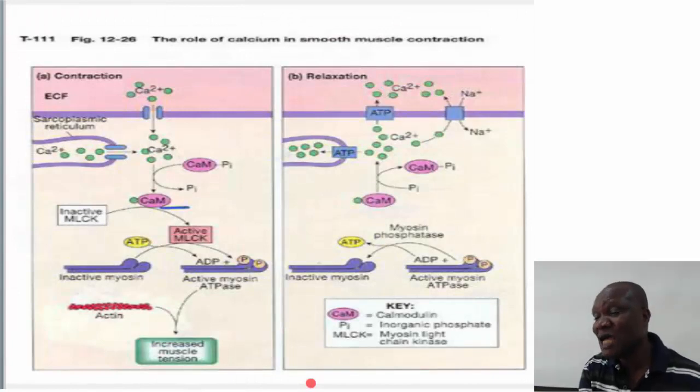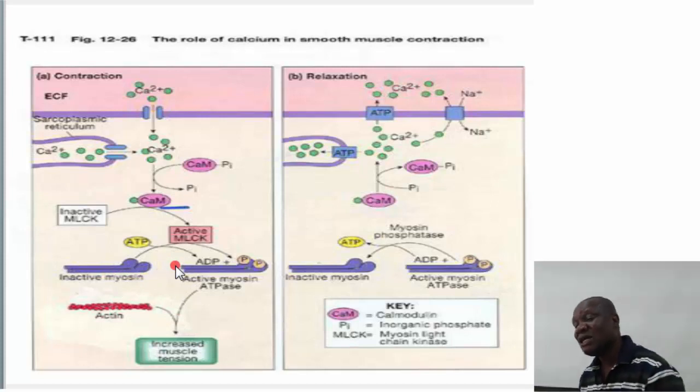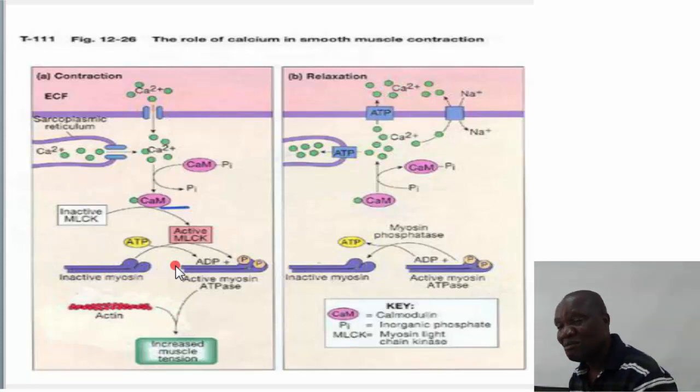It will hydrolyze ATP to form ADP and inorganic phosphate. Now, this will then bind to the thin filament, and the cross-bridge cycling will go on just like in skeletal and cardiac muscle.